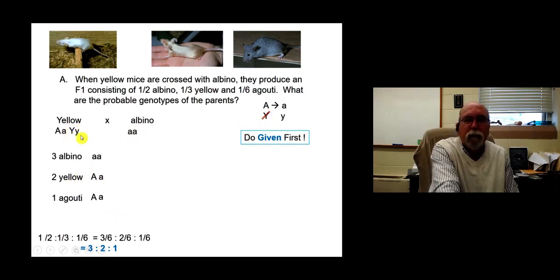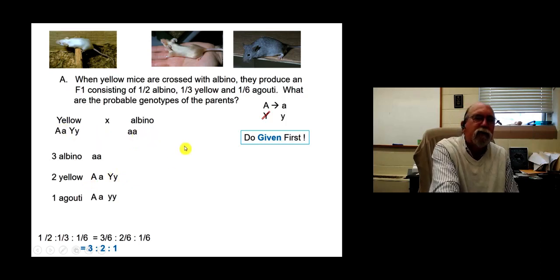Remember that if you're big Y, you die. So to be yellow, you've got to be big Y, little y. That's definite. These have color, so we get an agouti right here. We get this albino down here, and then we get this yellow up here. So we know this one, but we don't know this one over here.